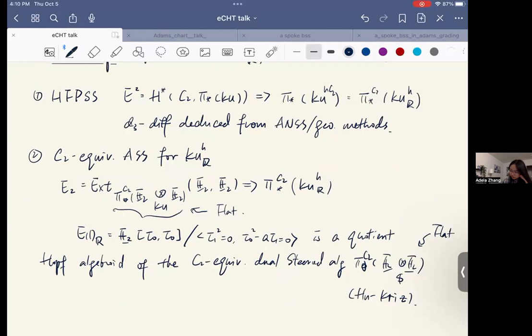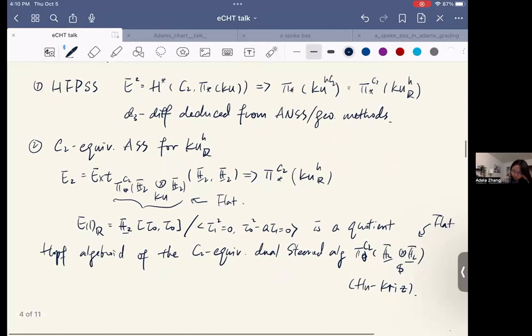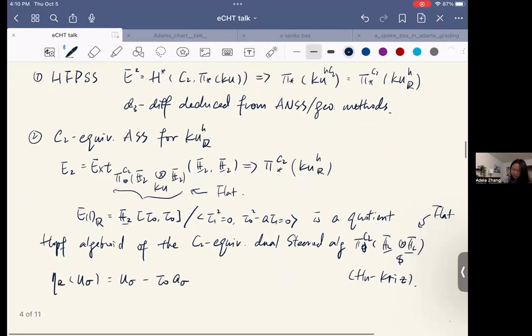There is a single non-trivial right unit: u sigma is sent to u sigma minus tau 0 a sigma. And now we do the standard trick, which is called the equivariant May spectral sequence, or in other words, it's really the algebraic a sigma Bockstein spectral sequence. We filter the cochain complex by powers of a sigma.